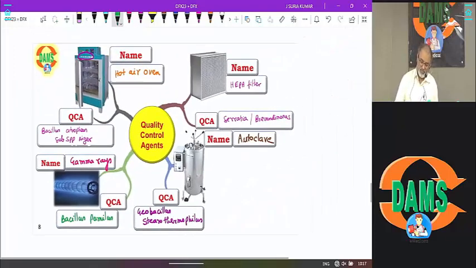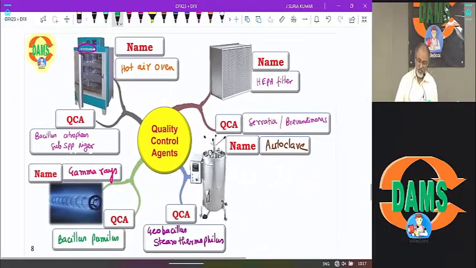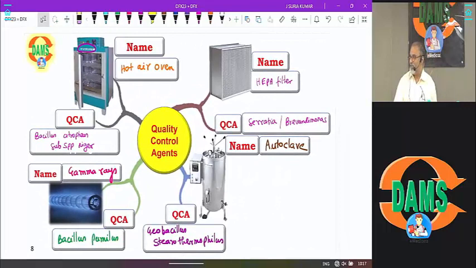So see here, all important. If you want, I can add more also, but this is sufficient. Ethylene oxide, quality control agent is Bacillus atrophaeus subspecies globigii. Okay, for ethylene oxide, you can add.